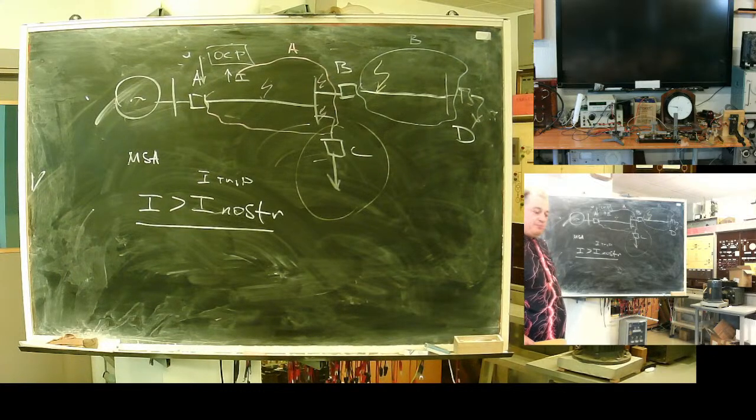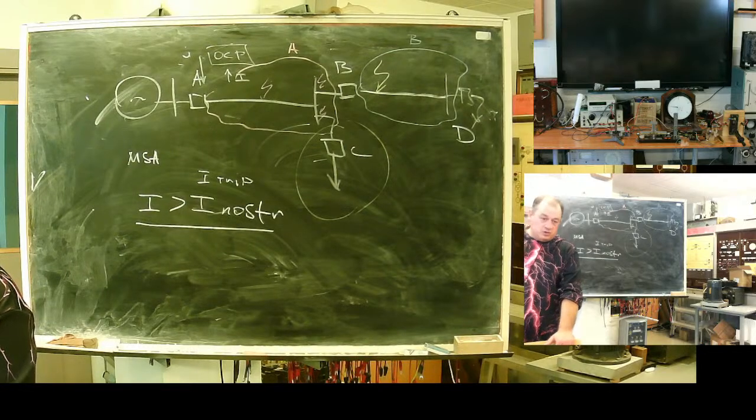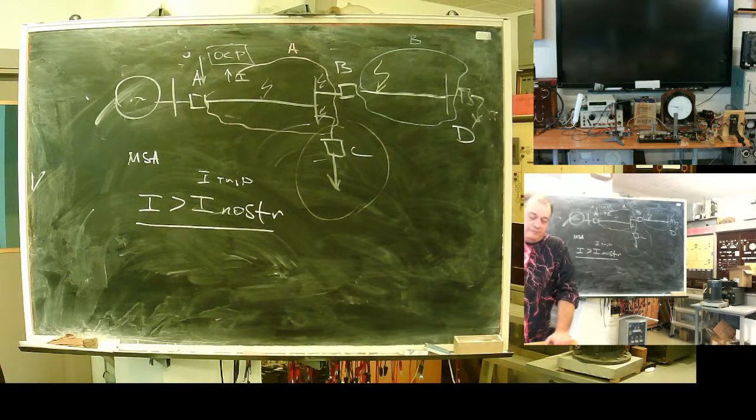Ability to trip on internal fault is sensitivity. Ability to not trip falsely on external fault is selectivity. Tripping on load, due to wrong setup of my relay, is also non-selective operation. It's not good.